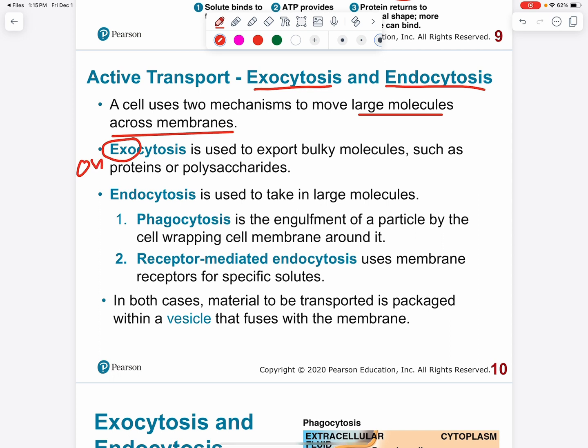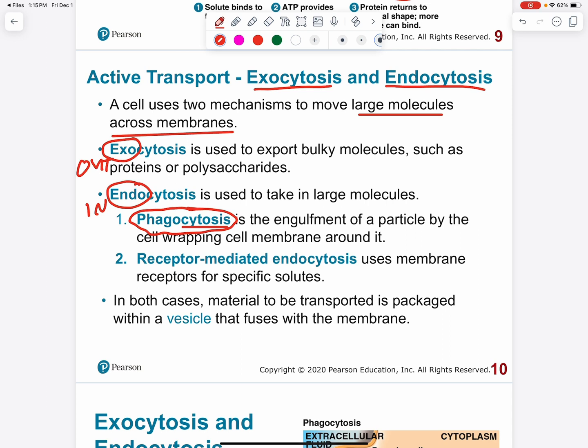Exo means out, endo means in. So on the next slide, we'll see this happen. Another name for a solid going through the cell membrane is phagocytosis, and the word cytosis is right there, cytoplasm.